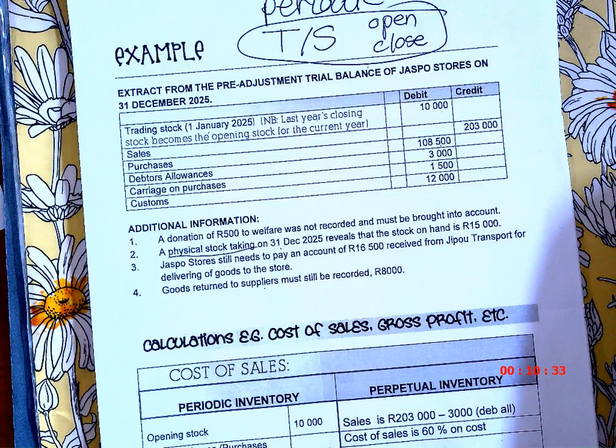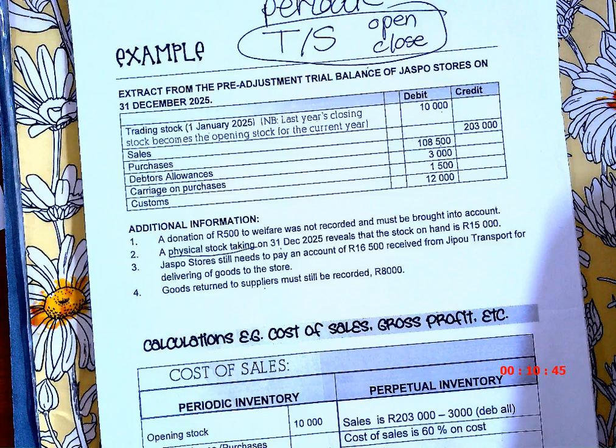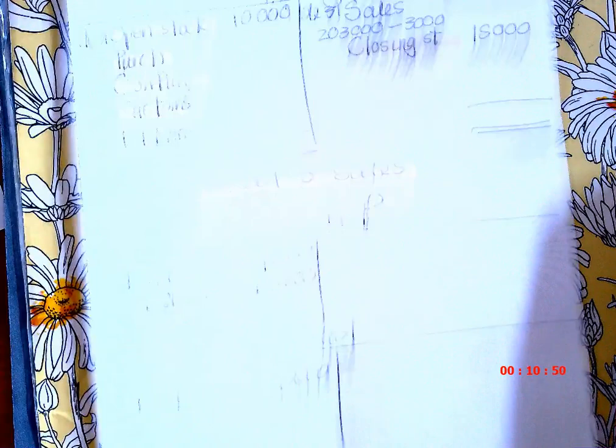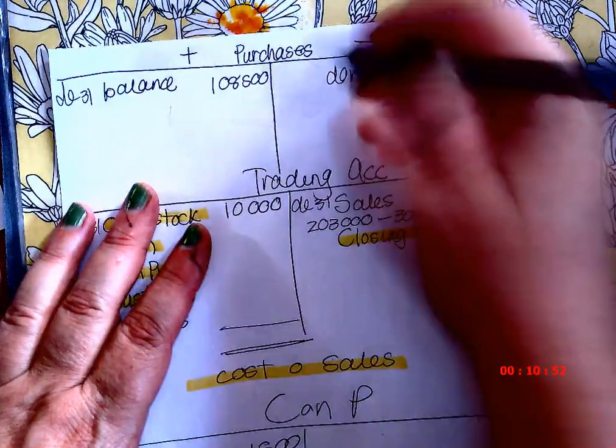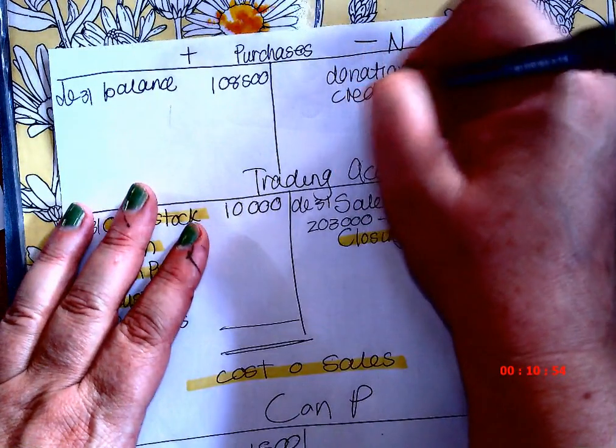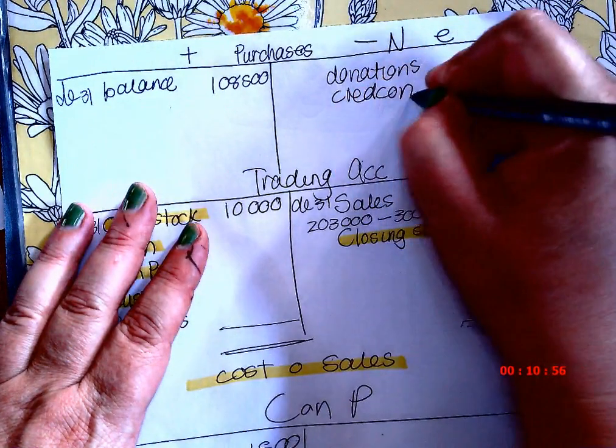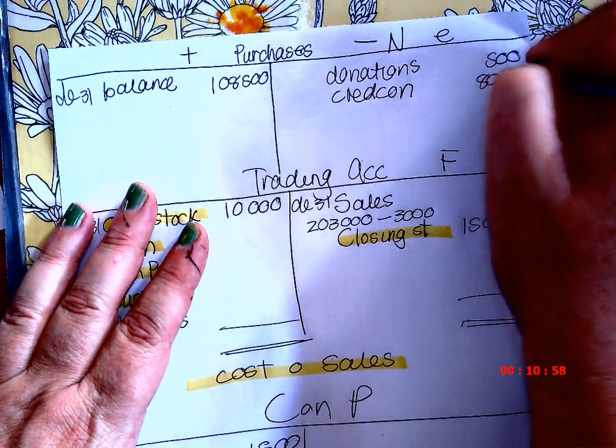Sales, it's debtors allowance. But if I return goods to the supplier, will it make sales or purchases less? Purchases. Can you see sales and purchases is next to each other? They are total opposites. You see? Okay, so now my purchases are going to get less because I return goods to my creditor, my supplier, 8,000.